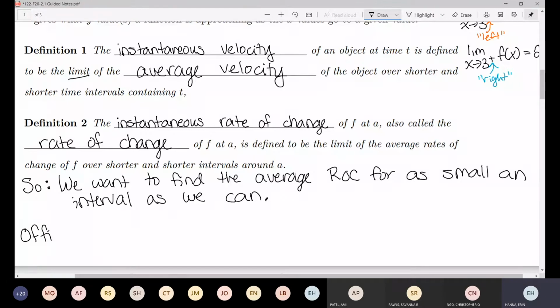Officially, if you really want to scare your friends with some scary looking math notation, officially, this would be defined to be the limit of this thing, and I'll try to explain this in a second as well.